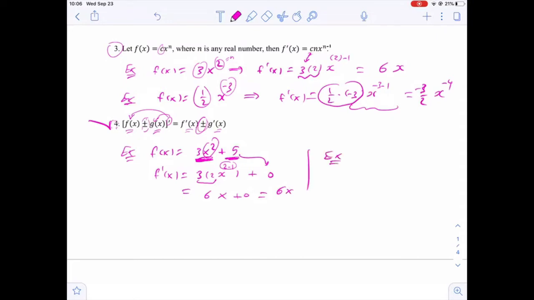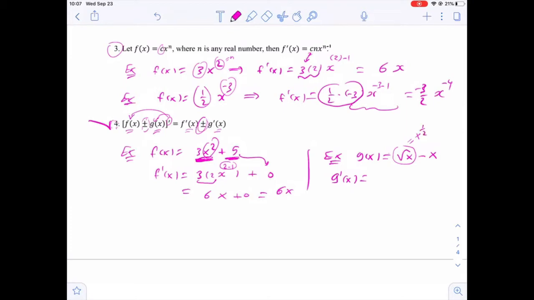Let's take another example. g of x equals square root x minus x. Now how to find g prime of x? When we have square root x, it's better to write it in the form of x raised to some power, in the exponent form.